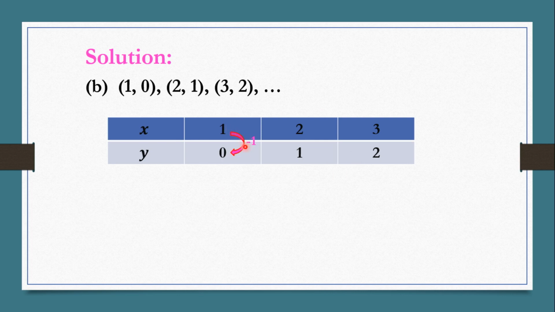You can see that we need to subtract 1 to get the y value. 2 minus 1 is 1. 3 minus 1 is 2. So to get the y value, I'm subtracting 1 from the x value. So y will be x minus 1.